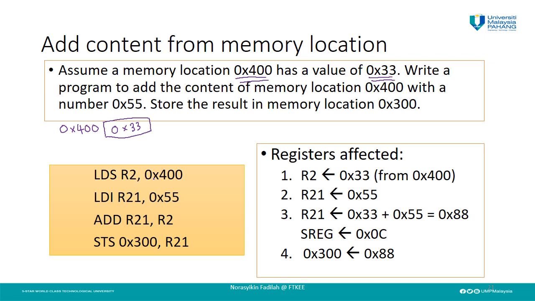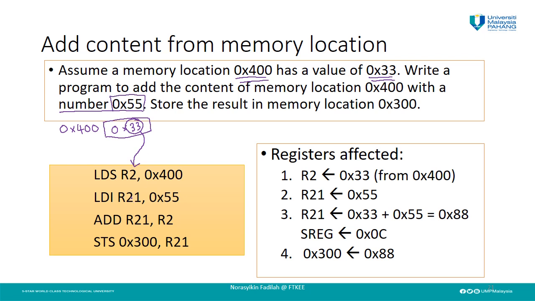When we load from the address 400, it will take the content inside 400 and then load it into the register. So after the instruction is executed, R2 will become hexadecimal 33. And then since we want to add with a number, this will become an immediate value.